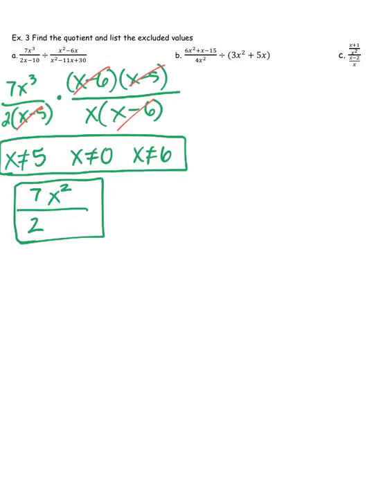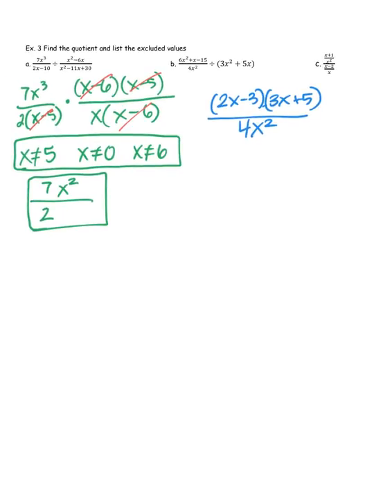Part B. I'm going to do that in a blue color. All right, so part B, again, we need to multiply by a reciprocal and we need to factor. So factoring the left-hand side is going to give you 2x minus 3 times 3x plus 5 over 4x squared, times 1 over x times 3x plus 5.